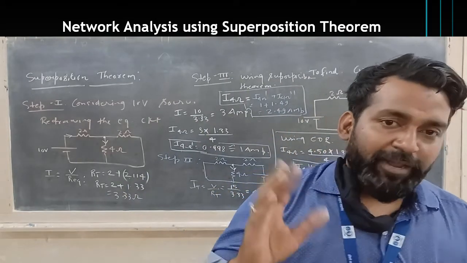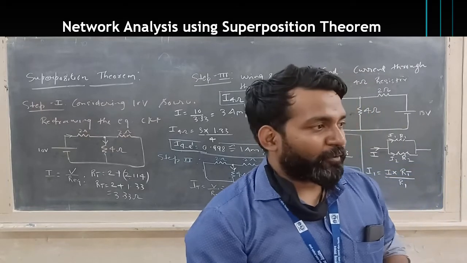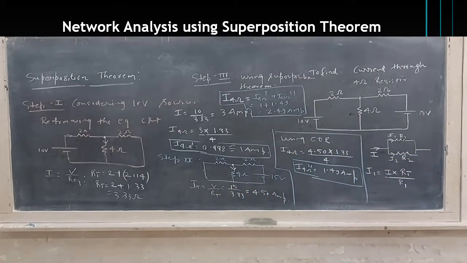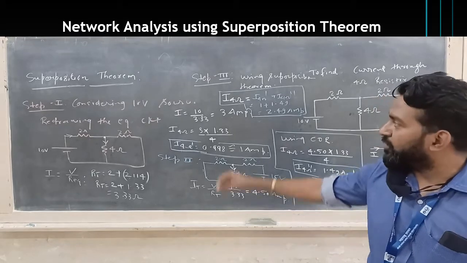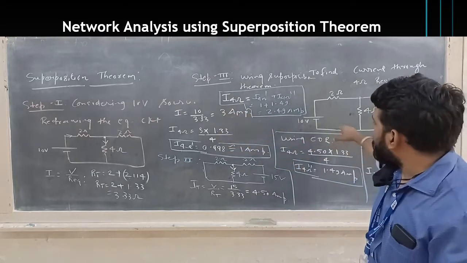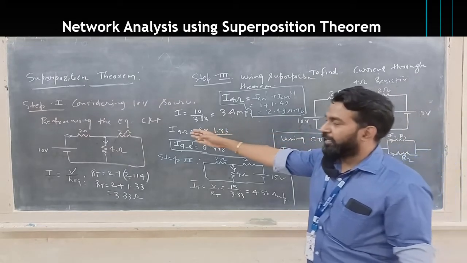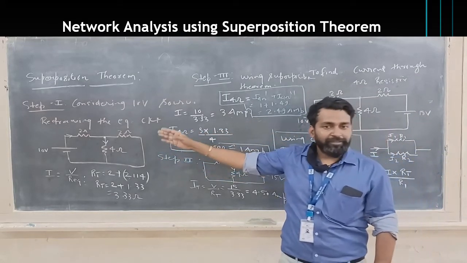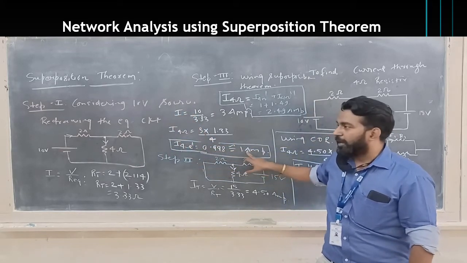So I'll just summarize the steps which we have followed. Out of the different sources which we were given in the circuit, we just considered the first source. Yes or no? Yes. In our case, the first source which we have considered is a voltage source of 10 volt. Then, using the simplification technique and the circuit analysis tool, we have found out the current through the 4 ohm resistor using the first source, and that is nothing but 1 ampere.